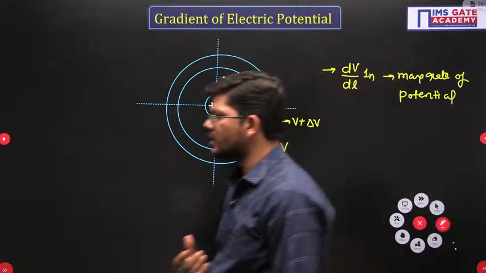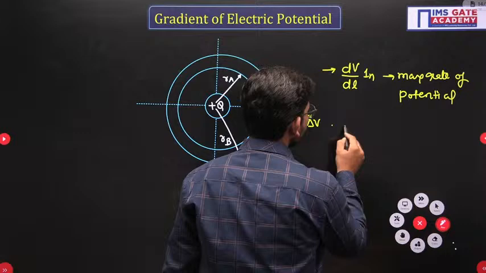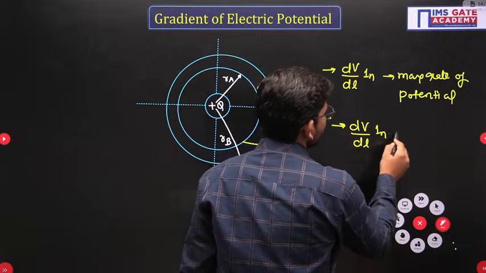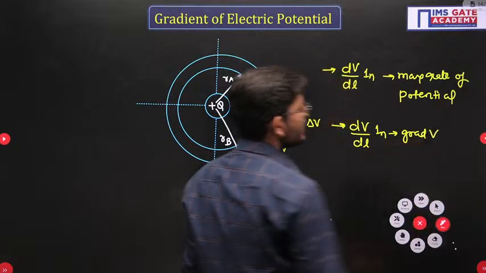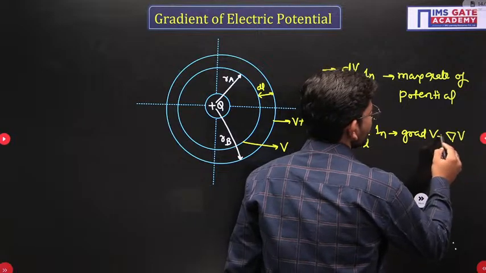We have covered the concept of gradient. So what do we call this quantity, dV over dl unit vector n? This will be called the gradient of this quantity V, or del V, isn't it?